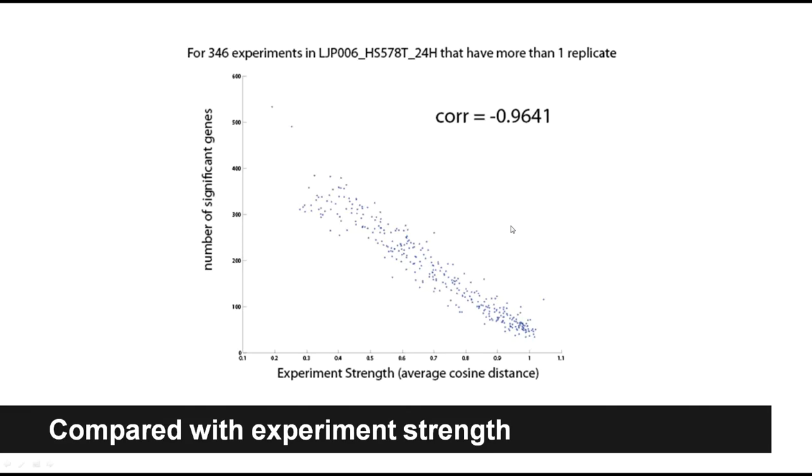I think this strict 100 gene cutoff will exclude many significant genes for those very strong experiments, and also include many false positive genes in those experiments which are not actually too much different from control. So this will reduce your power if you do enrichment analysis or query gene lists against another database. So I think our approach may be better.